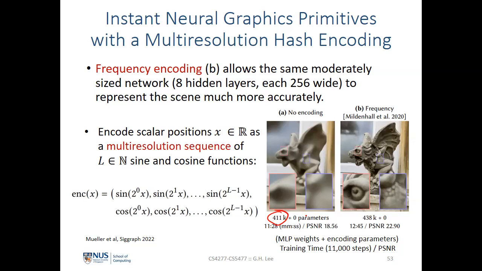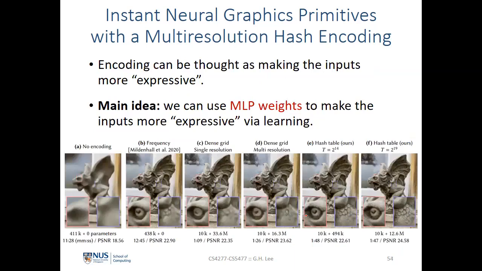Therefore, in this paper, they observed this and thought: encoding makes the input more expressive, but the frequency encoding itself has no learning. So why not shift the learning part to the encoding?